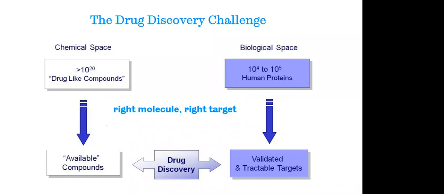Both should be valid and tractable, and both spaces are involved in defining the right target for the particular disease and the right molecule for that specific target. Defining this right molecule for the right target in a particular disease is the drug discovery process, and this is the first and biggest challenge involved in the drug discovery method.